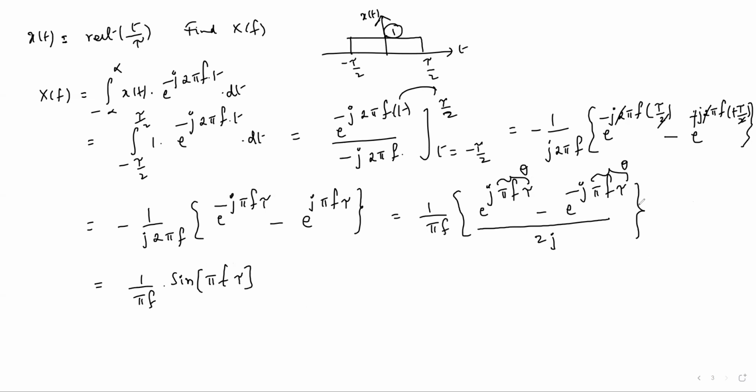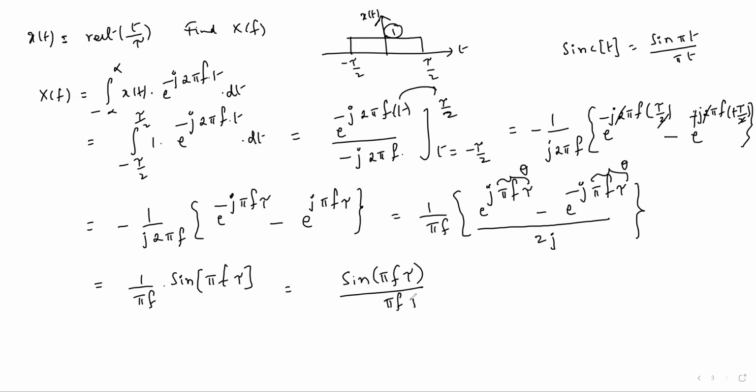And we know that sinc t is defined as sin pi t divided by pi t. Here this one is sin pi f tau divided by pi f, which is already there.